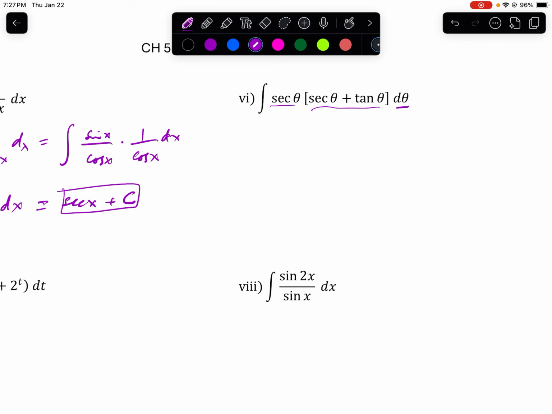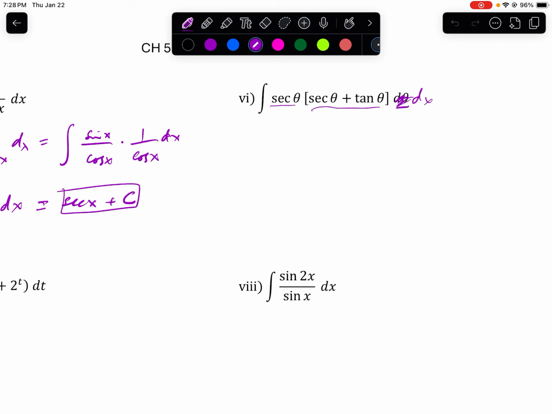If I put dx here, you cannot integrate it, because this dx is saying integrate with respect to x, and there is no x here. So either there is a typo if you see something in the exam, or there is something wrong.